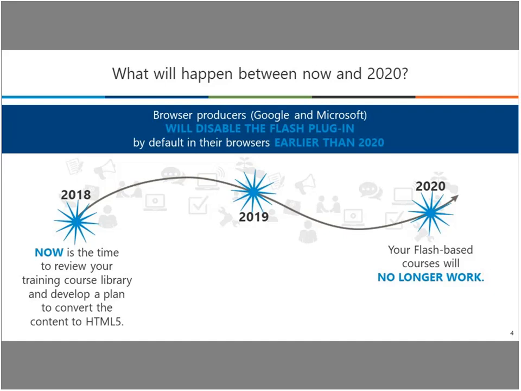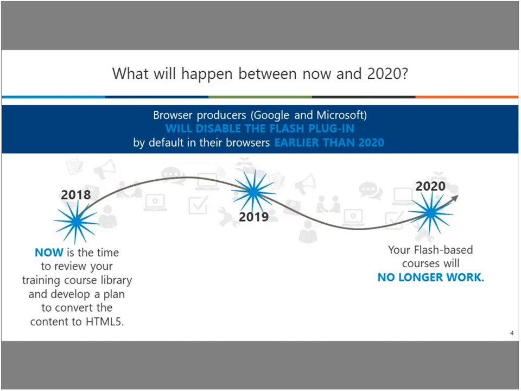Moving back a little bit, in 2019, Microsoft and Google are going to start by disabling the Flash plugin by default for new versions of those browsers. What that's going to mean is that either a user or a learner is going to have to manually activate the Flash plugin for that bit of content, or your IT teams are going to need to set those browsers to allow for that Flash content.